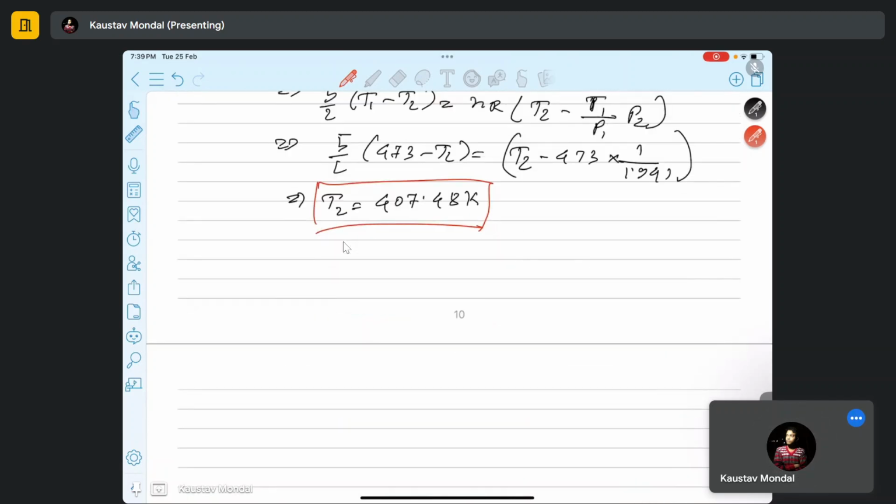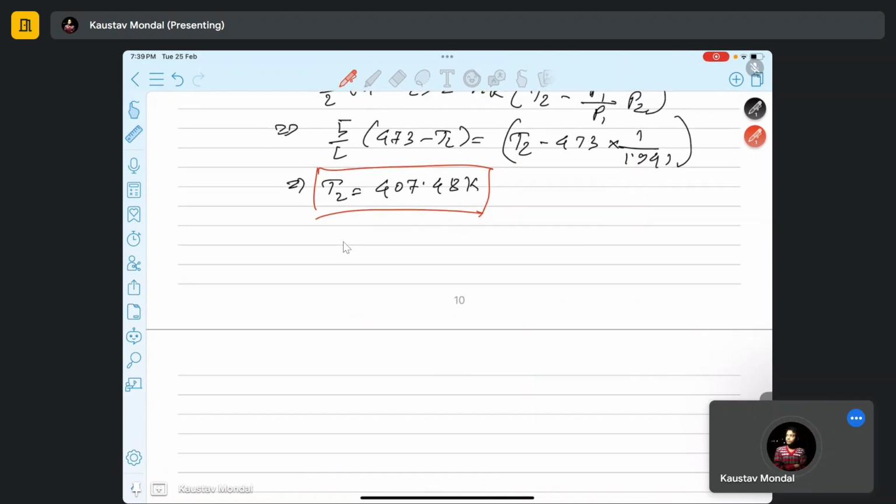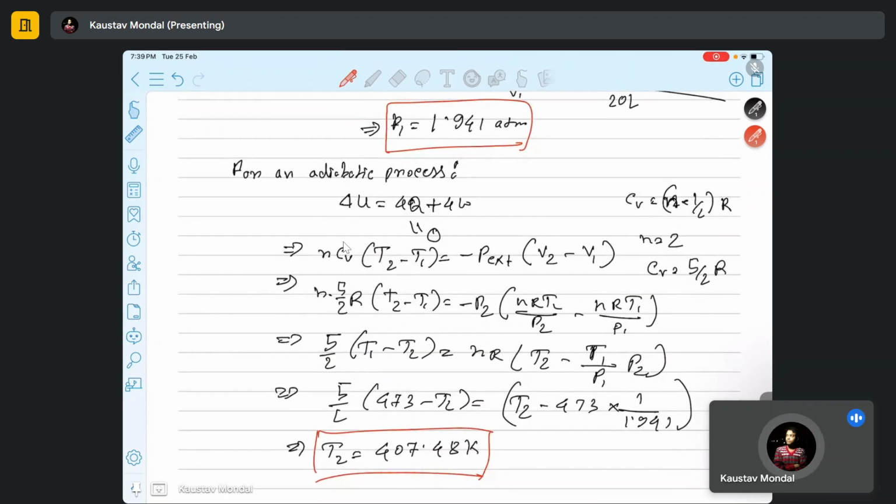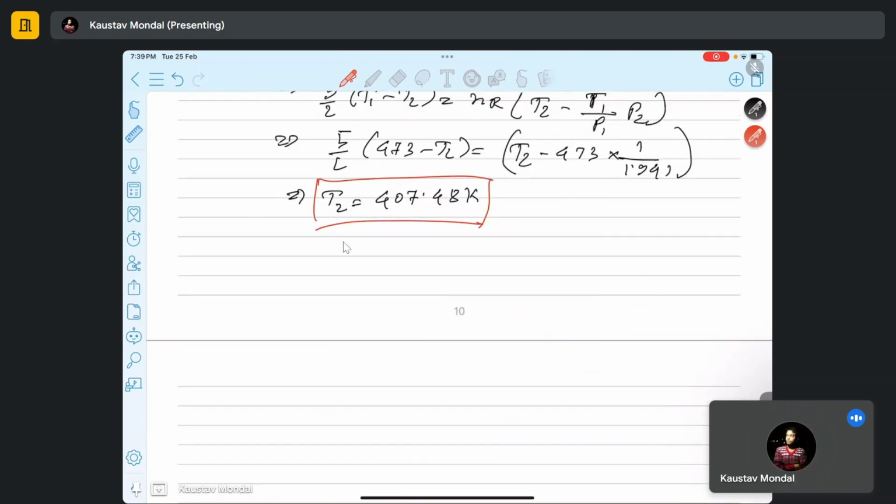Now as both pressure and temperature are changing during this process, both changes will contribute to the change in entropy of the system.